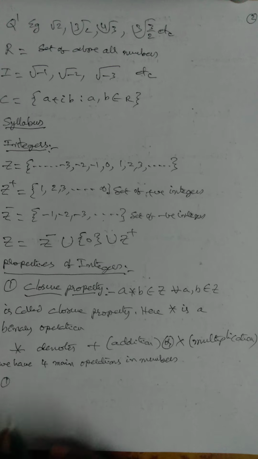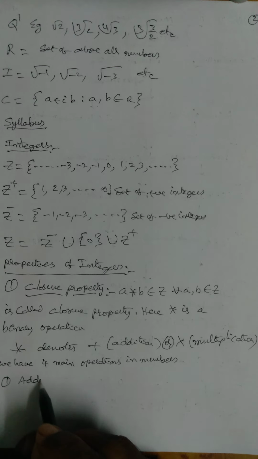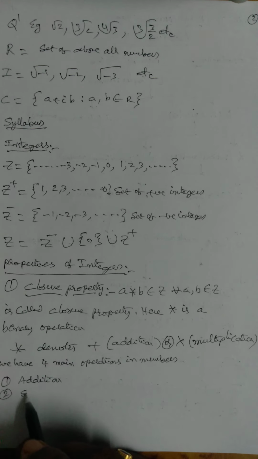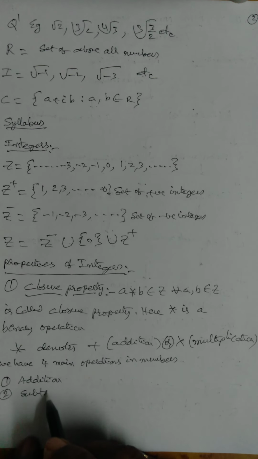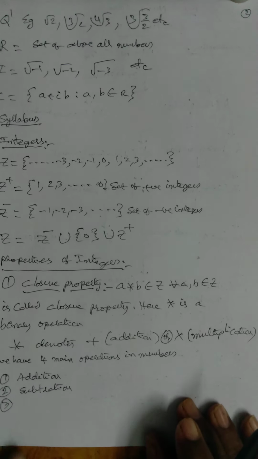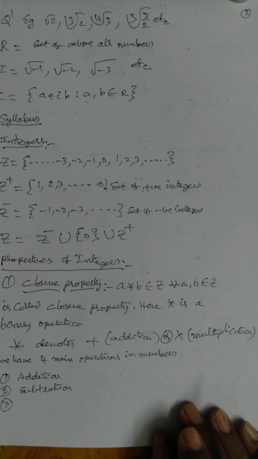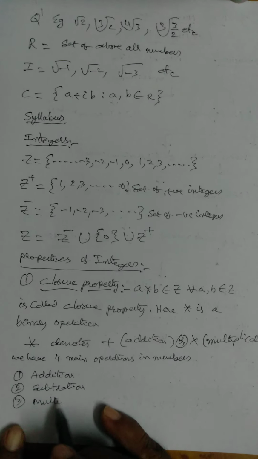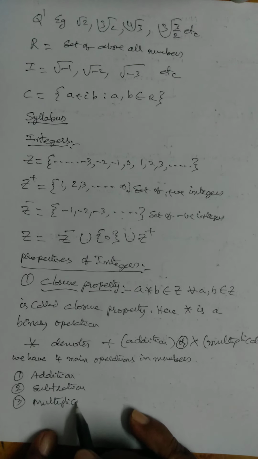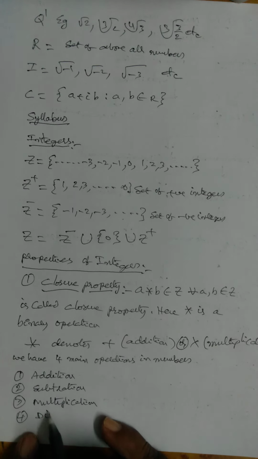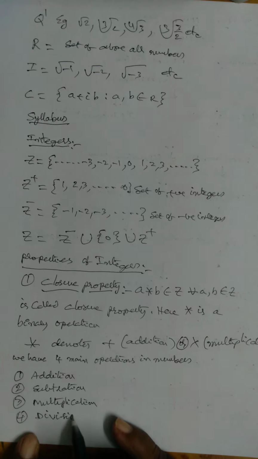Number 1 is addition. Number 2 is subtraction. Number 3 is multiplication. Number 4 is division.